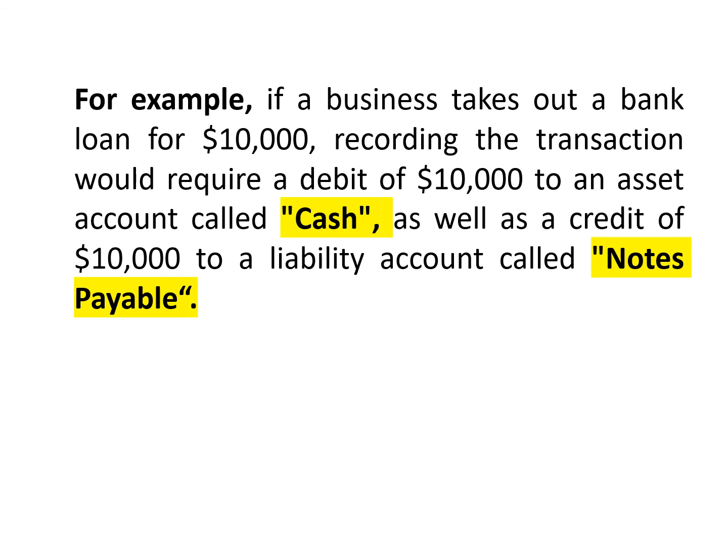For example, if a business takes out a bank loan for $10,000, recording the transaction would require a debit of $10,000 to an asset called cash, as well as a credit of $10,000 to a liability called note payable.